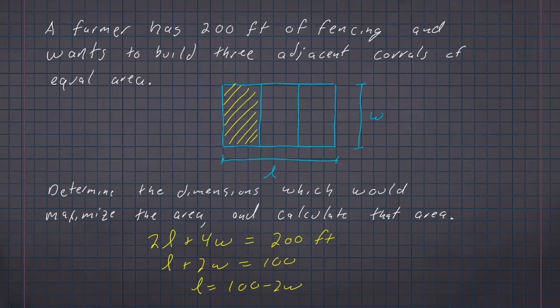This is a rectangle, and its width is clearly W. Its length not given here, but because we want these corrals to be of equal area, I can assume pretty conveniently that the space inside each corral is 1/3 L.